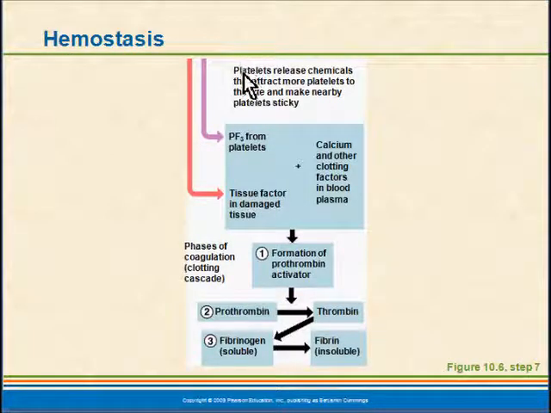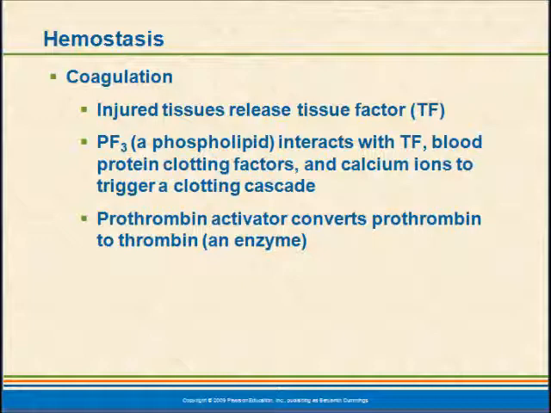Again, we've looked at this. Platelets release chemicals. This tissue factor in presence of calcium, formation of prothrombin activator, prothrombin, thrombin, fibrinogen, fibrin. Just be aware of those steps. We are leaving out actually quite a few of the chemical intermediaries. But the end result is that once that meshwork of fibrin forms, we have coagulation.